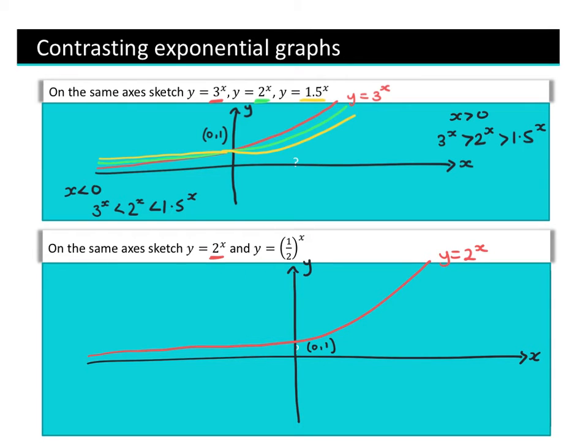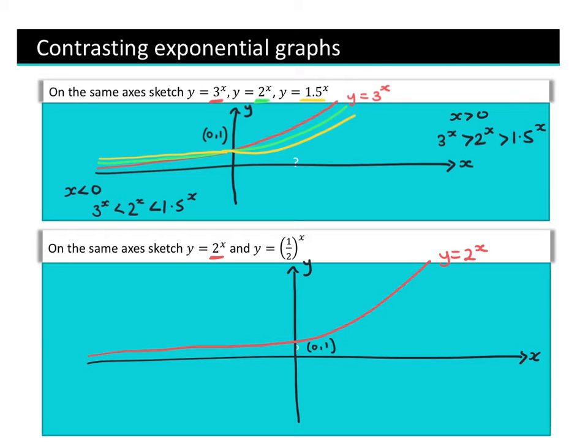Right, (a half)^x. Let's think about what's going on. Okay, and as I said, when in doubt, put some numbers in and figure it out. If I put a half to the power of 0, I know it's going to cross at 1. But if I put a half to the power of 1, I'm going to get a half. If I put a half to the power of a half, that's actually going to give me 4.